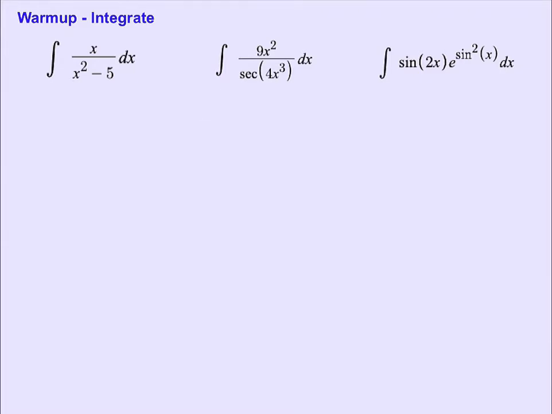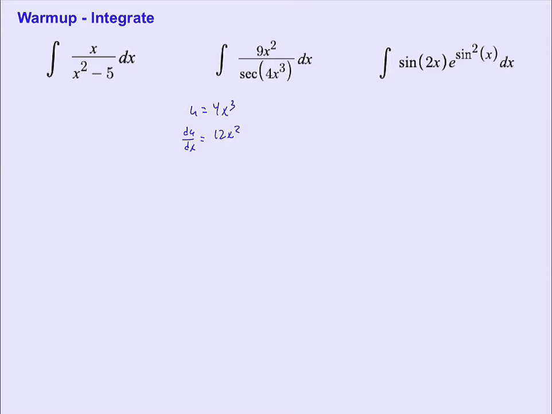Our u is 4x cubed, and du dx is 12x squared, which again, it's not exactly what we have there, but the x squared is all that we need, so we can fix the rest. In the other strategy for doing u substitution, I got the du by itself.